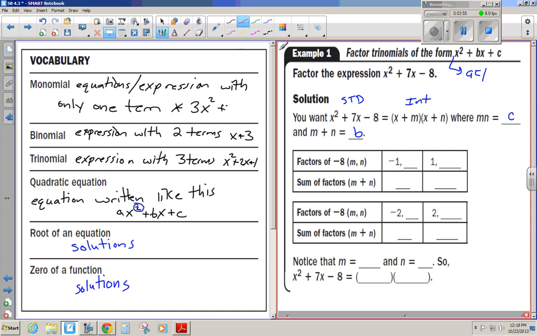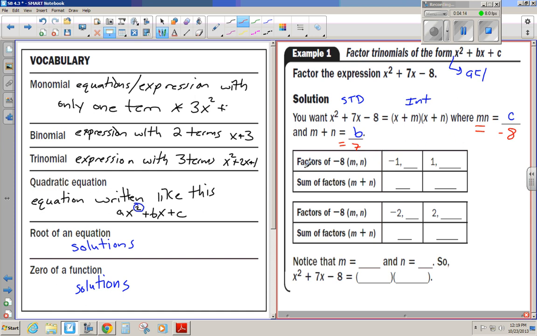So basically, you want two numbers here that when you multiply them together gives you -8, that when you add them together gives you +7.